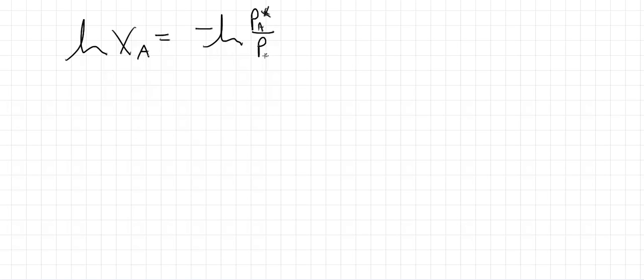What we have left over is the log of the mole fraction of A is equal to minus the log of PA star over P naught plus the log of PA over P naught. And we can combine those logarithms, right? We can say this is the log.